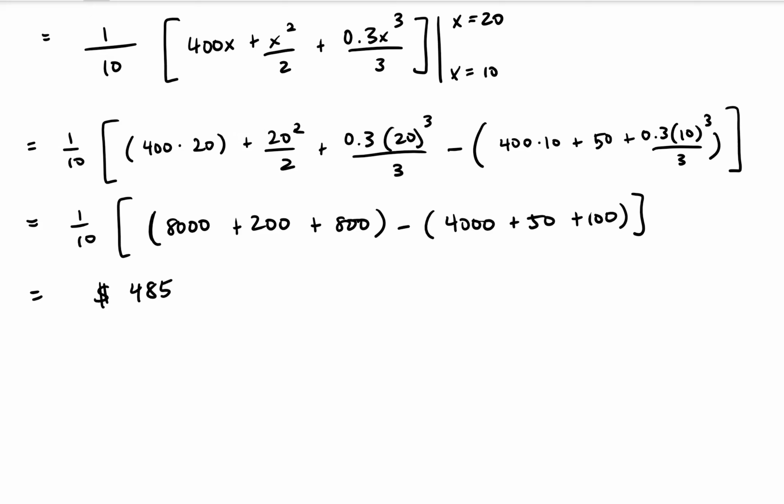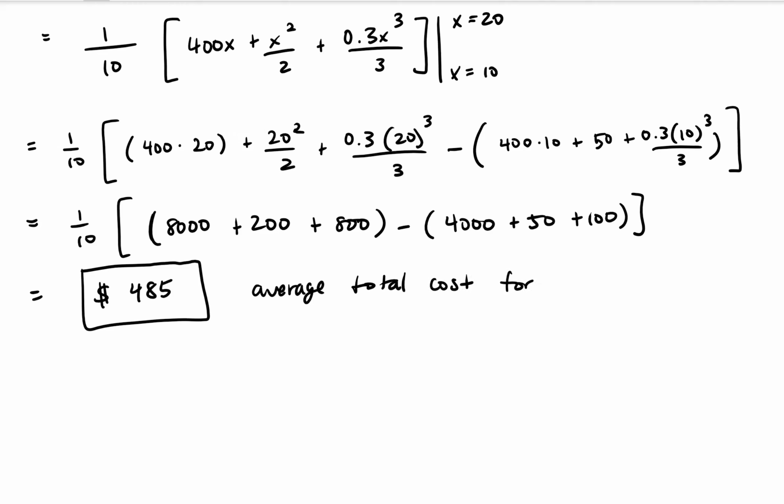So for any number of lamps between 10 and 20, the average total cost for that number of lamps is $485. Average total cost for number of lamps between 10 and 20.